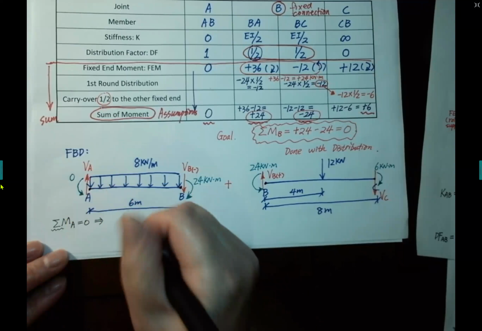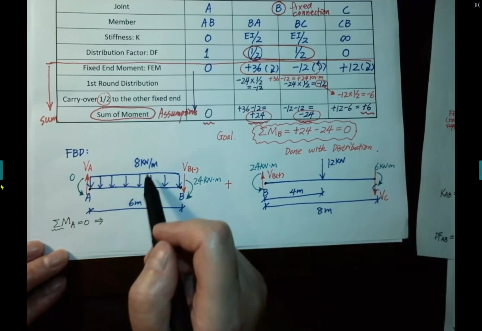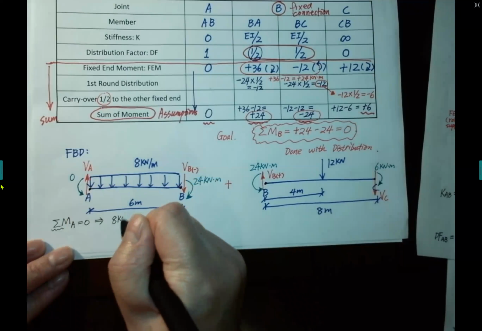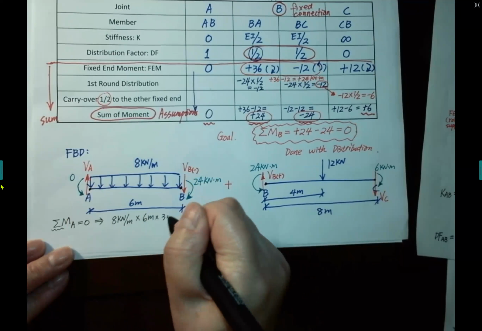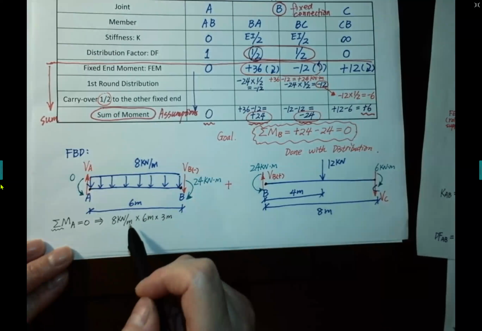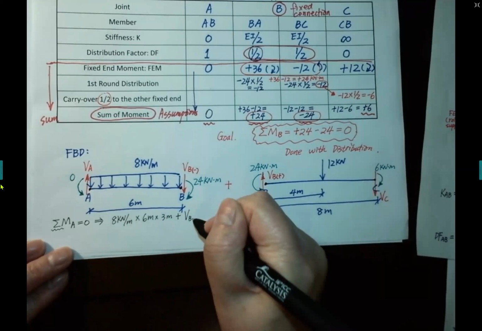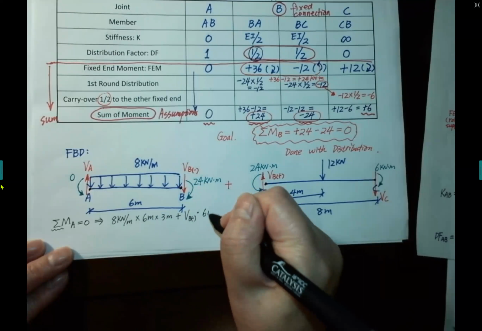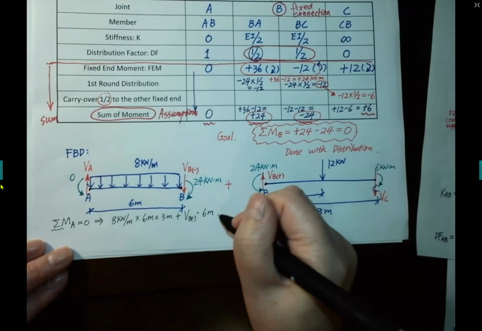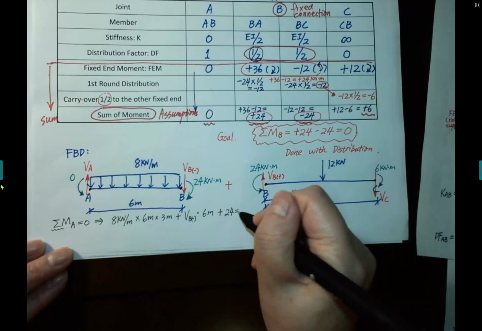VA passes through point A, so there's no moment contribution to A. Then I have 8 kilonewton per meter times 6 meters times 3 meters, that's clockwise, plus VB times 6 meters, and that's clockwise, plus clockwise 24 kilonewton meter equals 0.